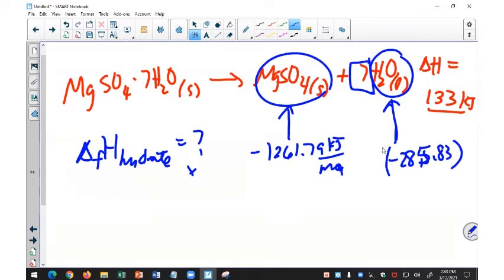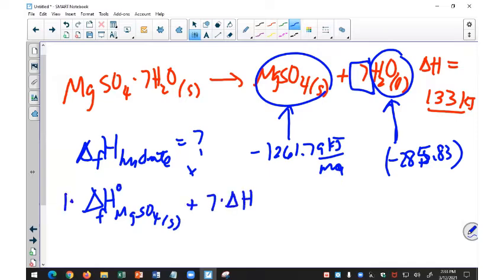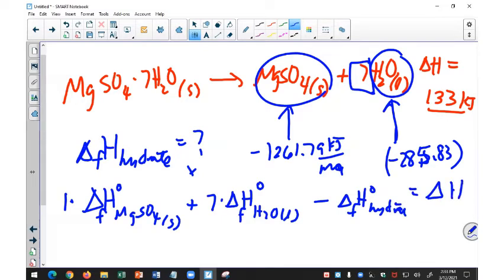So we have everything we need, right? We got products minus reactants should be equal to 133 kilojoules. So what would this be? I'm going to say delta H formation of magnesium sulfate solid plus 7 times the delta H formation of liquid water minus delta H formation of the hydrate is equal to the delta H of the reaction, which is 133.